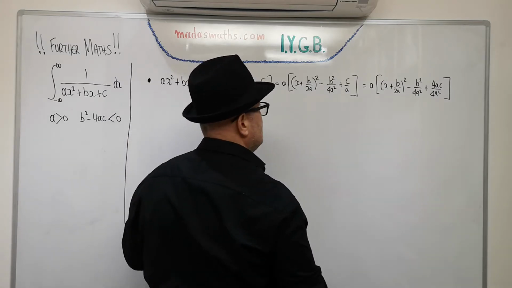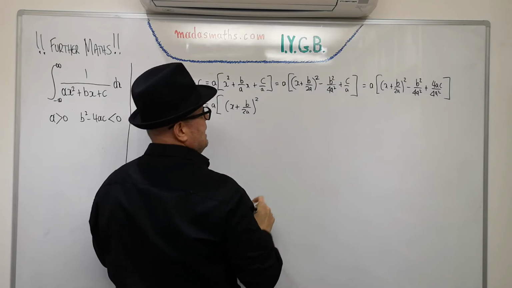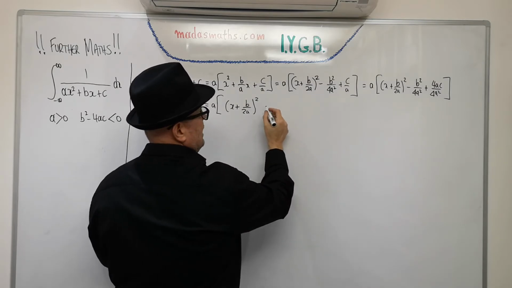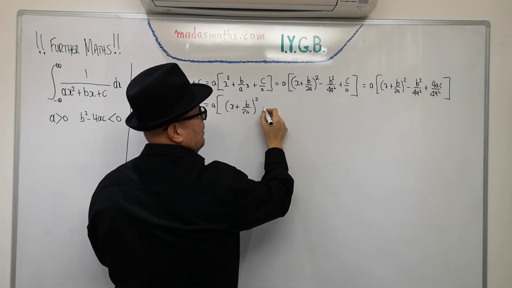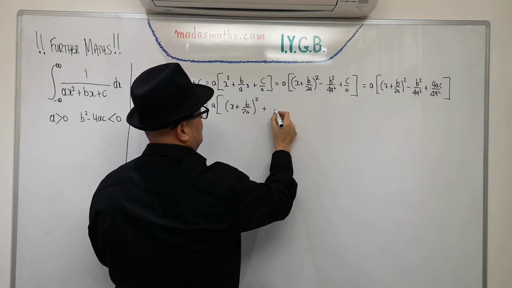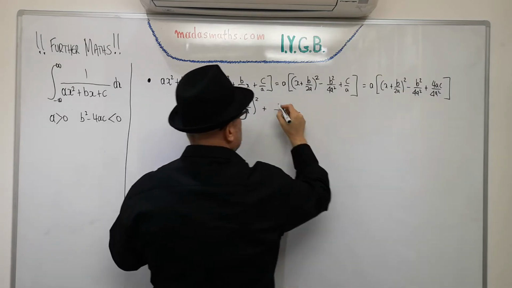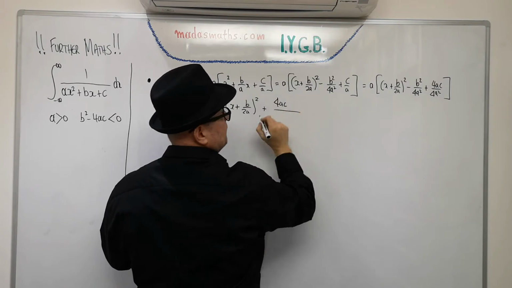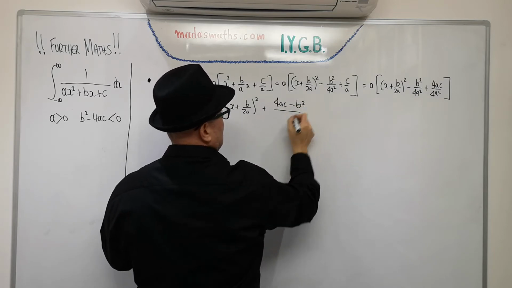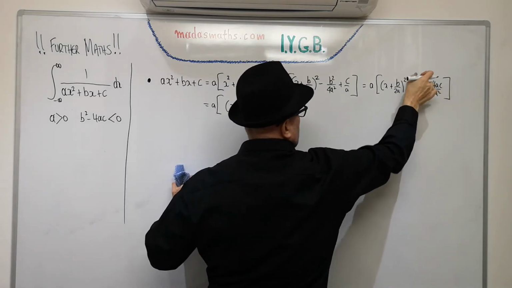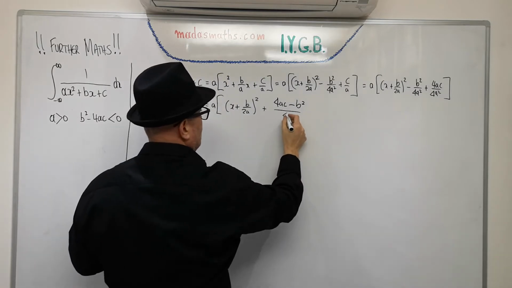And if we write this now on the same denominator, we can actually write this as, let's put the plus at the front. So we're going to have 4ac minus b squared. So I wrote this bit first, minus b squared over 4a squared.